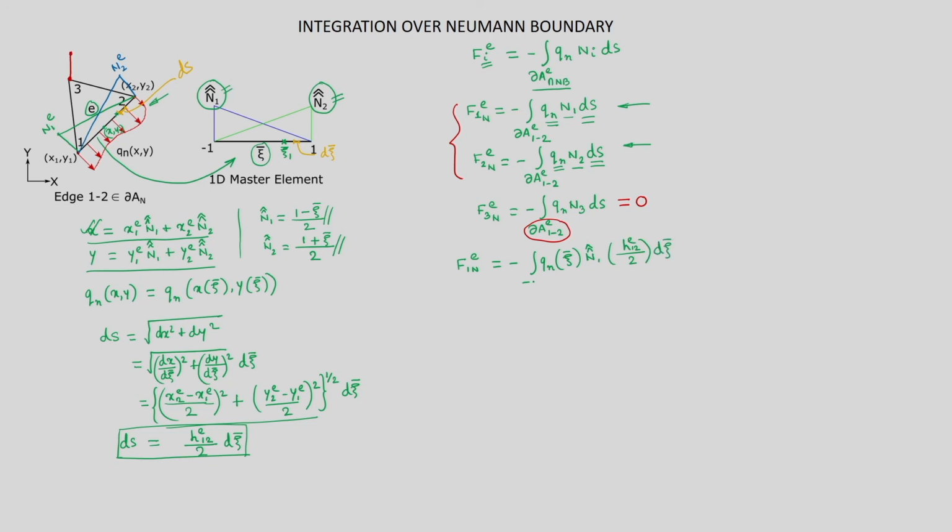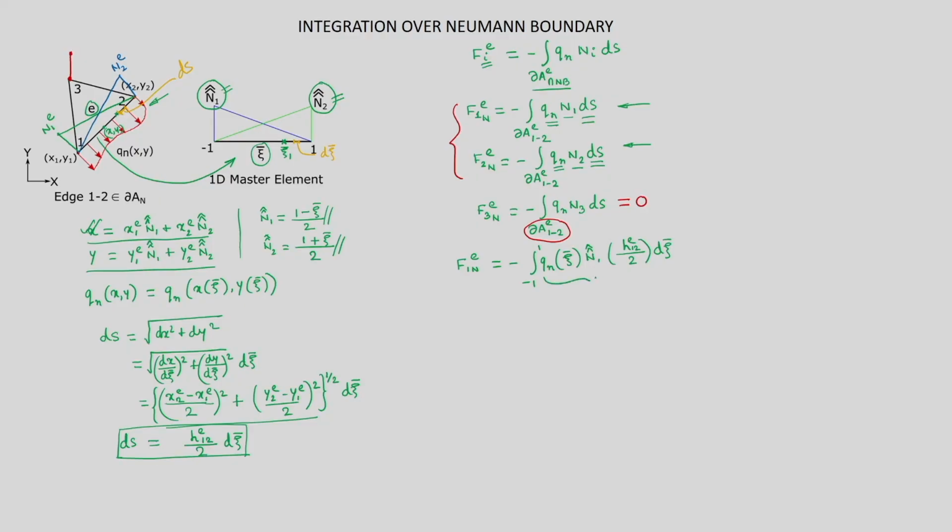What is the limit? The limit is minus 1 to 1, because xi bar is changing from minus 1 to 1, and we have seen this earlier in the one dimensional case. If I put this integrand as phi 1n, it is a function of xi bar.